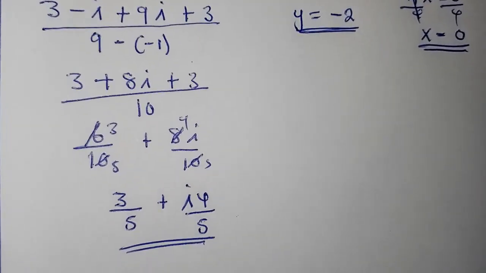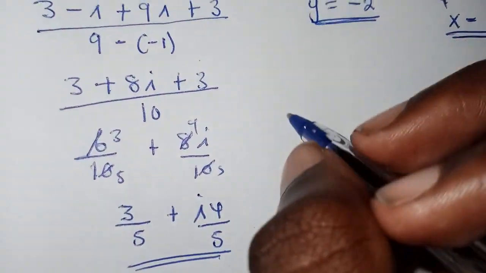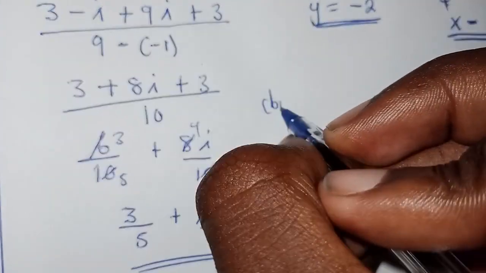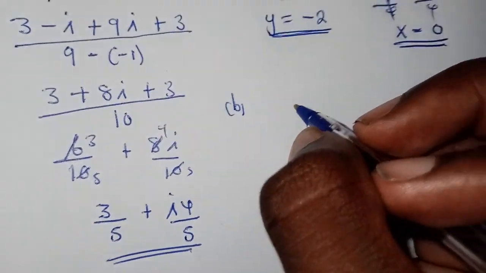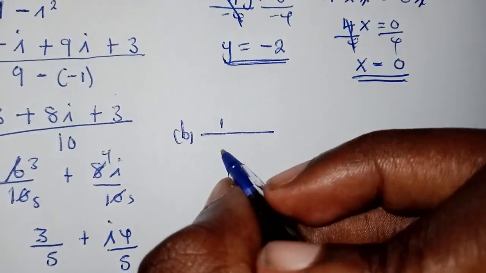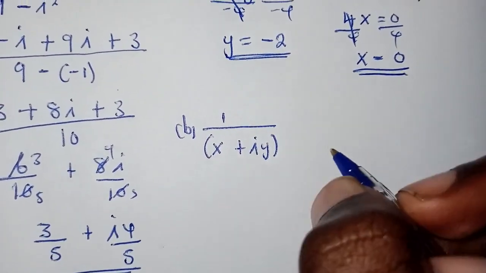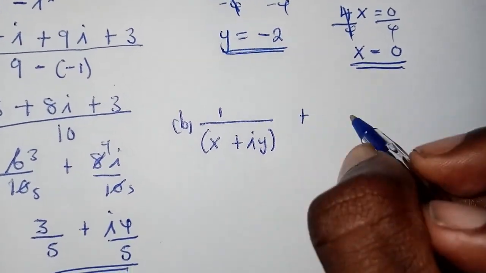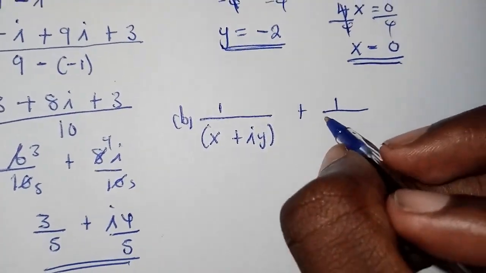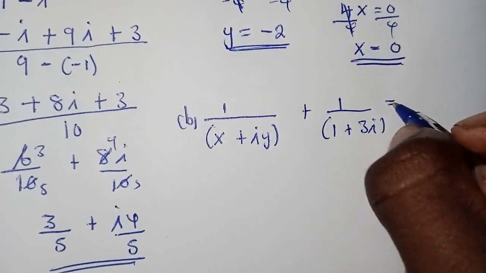Should we do B? All right. For B, we have been given 1 over (x + iy) plus 1 over (1 + 3i) equal to 1.